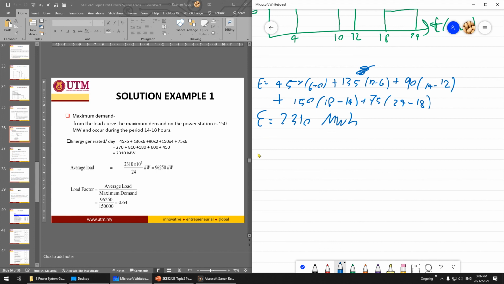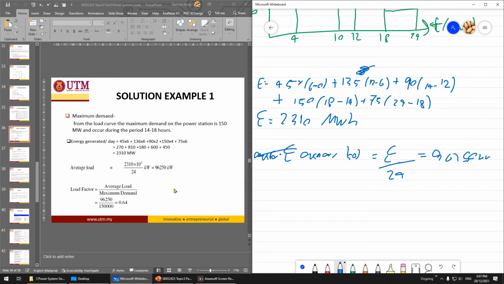And then the average load is E divided by 24. Because it is 24 hours, you get 96250 kilowatt. So the average load is this one.